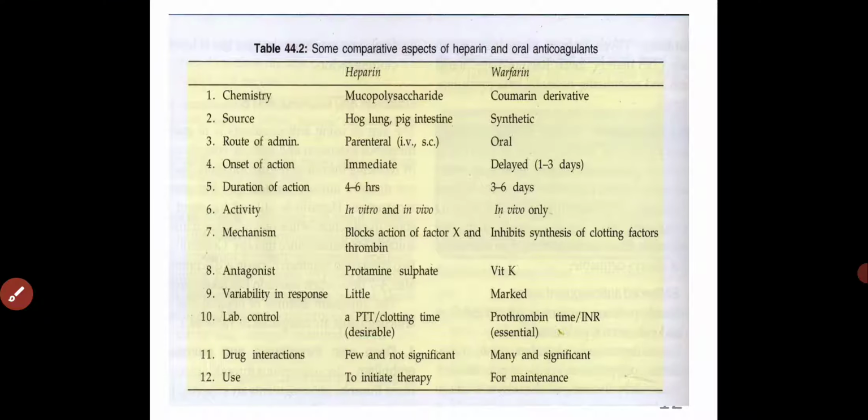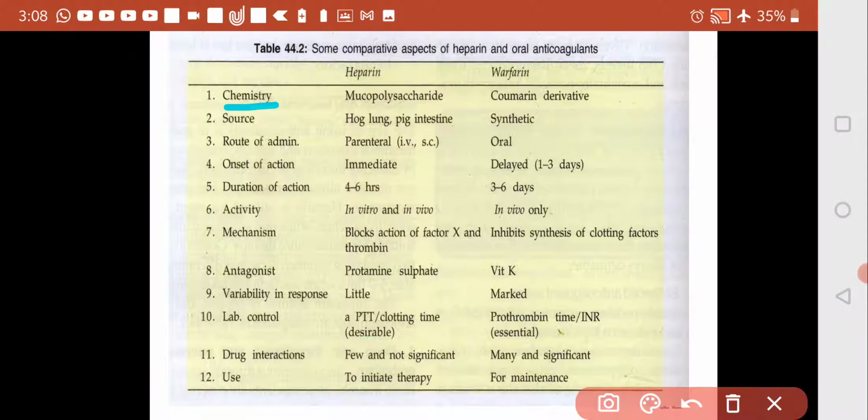Here we compare various aspects of heparin with the oral anticoagulant drugs. First is the chemistry. Heparin is a mucopolysaccharide. Warfarin is a coumarin derivative. It is easy to remember when you describe it in an exam if we remember this point.